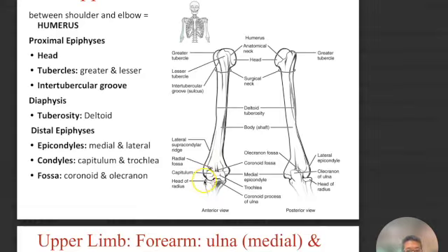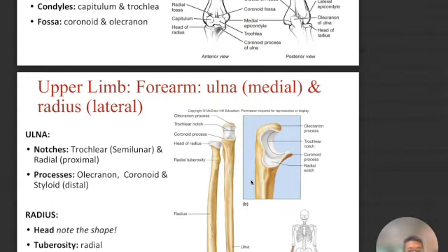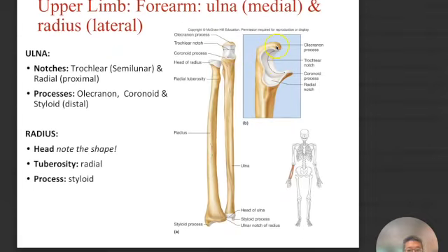Capitulum and the trochlea. The trochlea will articulate with the olecranon, with the ulna, and the capitulum will articulate with the head of the radius, which is right there. Again, that's the olecranon process. When you make your hand straight, it goes into the olecranon fossa.